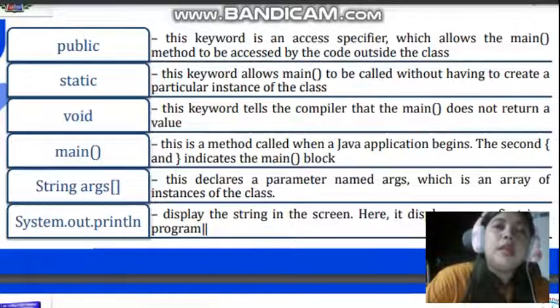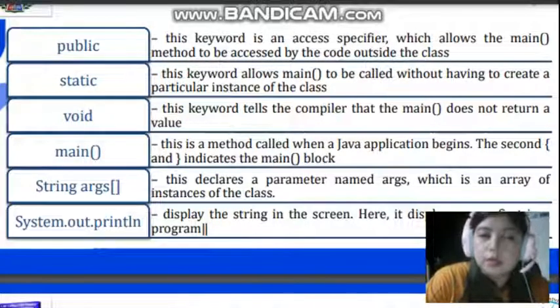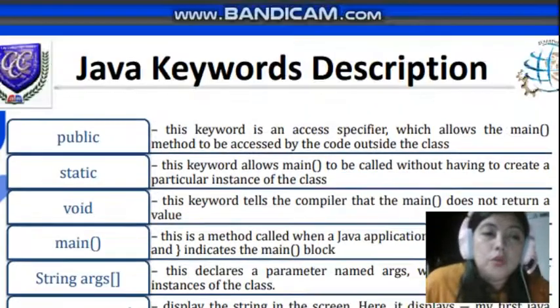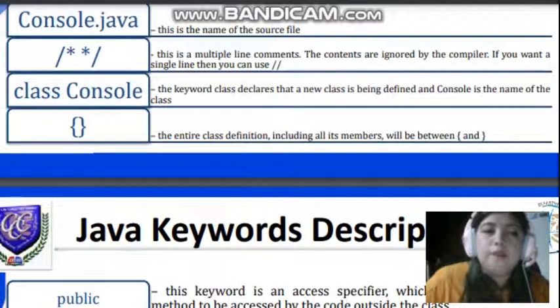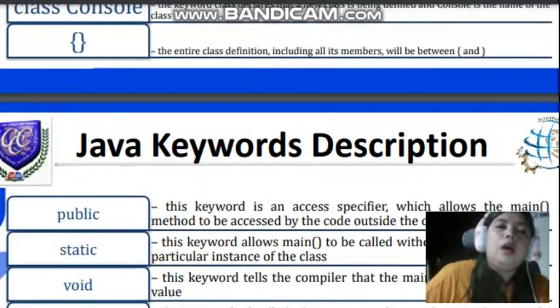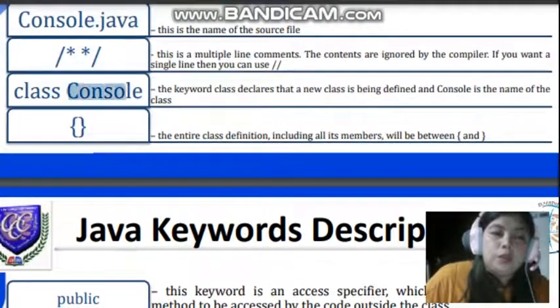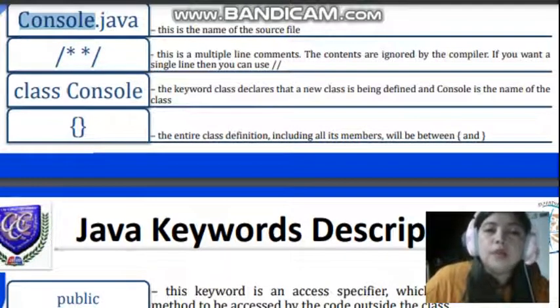So, ibig sabihin, if you're going to create a class name, katulad ng kanina, console.java, class console, this word console, you can use this as a project name, as a class name, as a variable. You can use that. Darating pa tayo din sa discussion na yon.